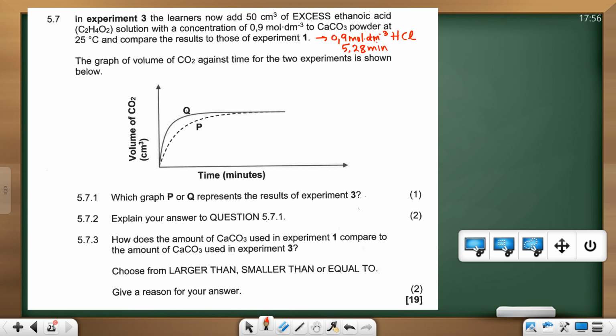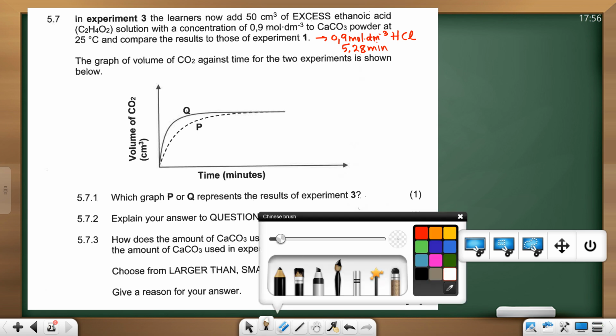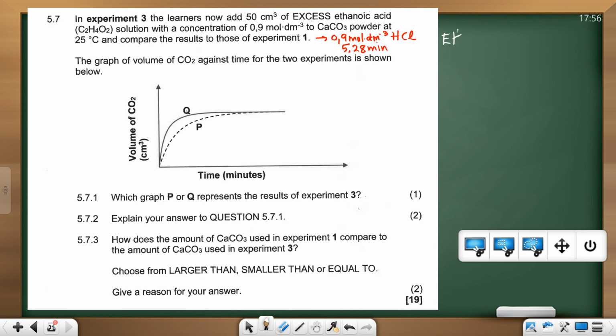Now there's a bit of acid and base here, which you needed to know from grade 11. Ethanoic acid is a weak acid. We'll mention this more when we do acid and base. It's a weak acid.